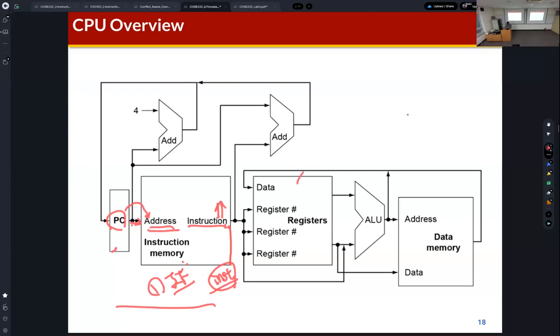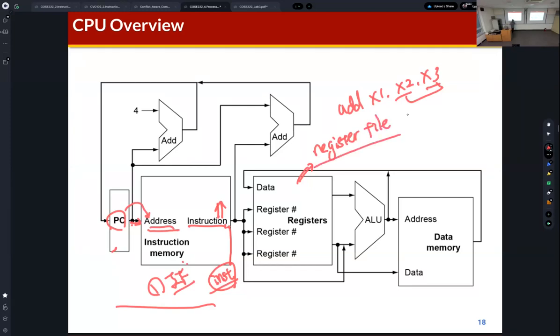Then I mentioned that using x1, x2, x3, we need to read data from the register. Actually, I mentioned that the registers are also a kind of small memory. This group of registers is called the register file.